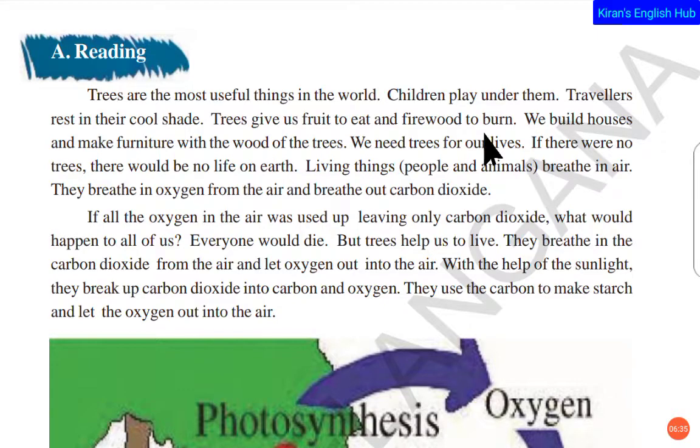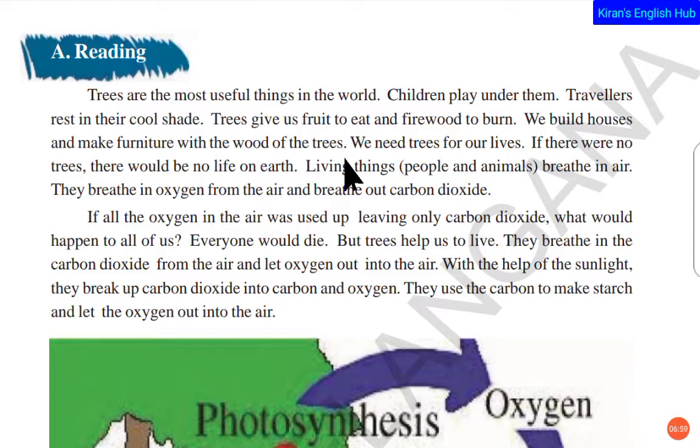We build houses and make furniture with the wood of the trees. So in the villages you can see there are huts. For most of the city children, they do not know what a hut is. That is a house which is made up of leaves and branches of the trees.